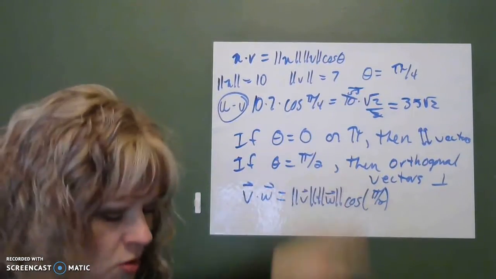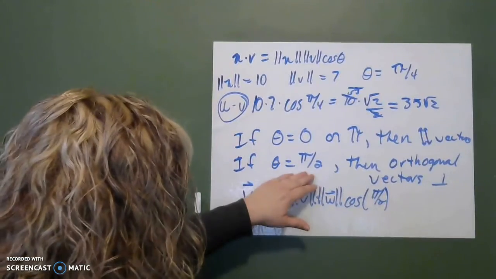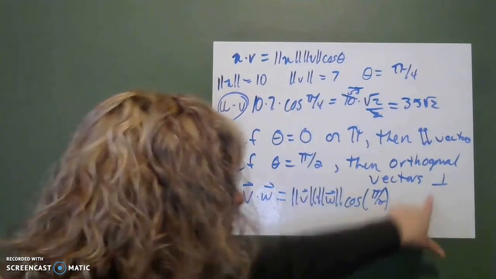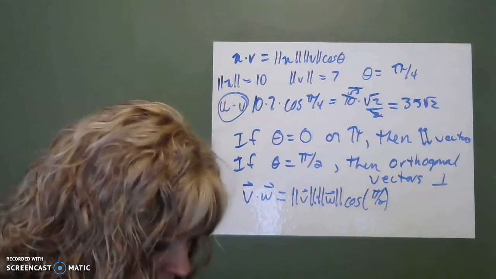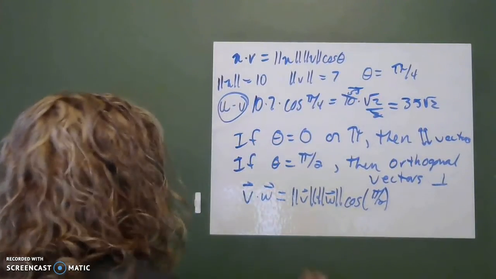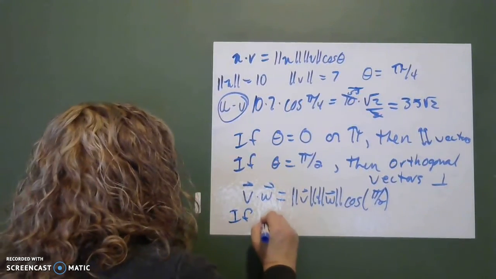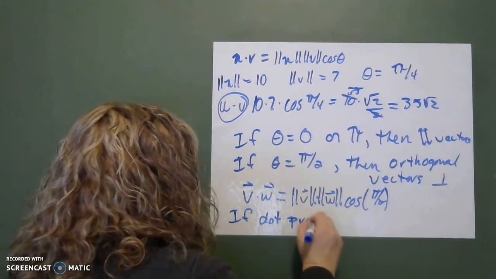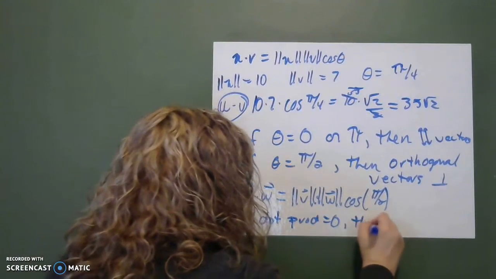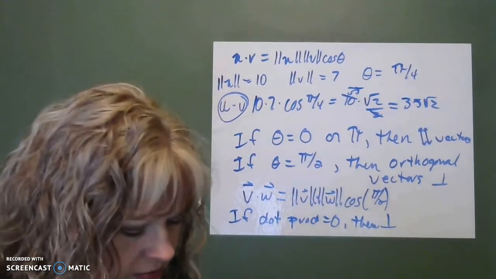All right, so what that tells us then is the dot product is 0. Right here, they have to be perpendicular. Okay, so it works backwards. If the dot product is 0, then they're perpendicular. They're orthogonal. Okay?